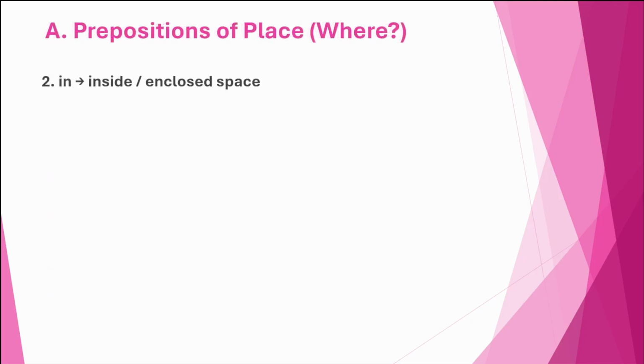The second one is the preposition in, which is used to denote the inside place of some noun words. For example, in a room or in a city or in India, or instead of India, you can use any other country name, or in the car.